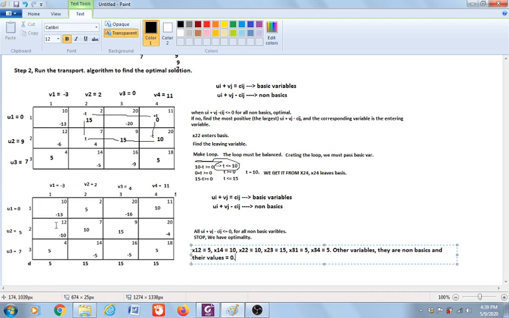So x11 equals 0, x13 equals 0, x21 equals 0, x24 equals 0, x32 equals 0, and x33 equals 0.